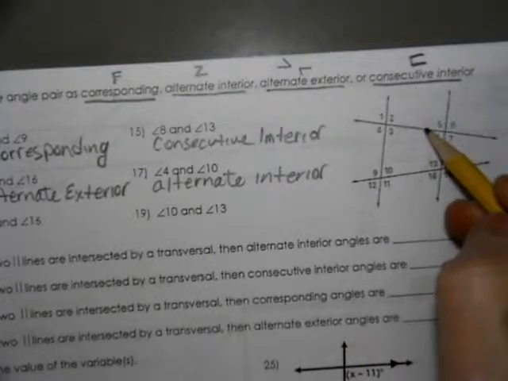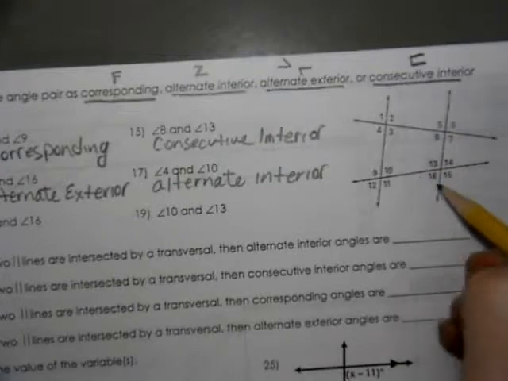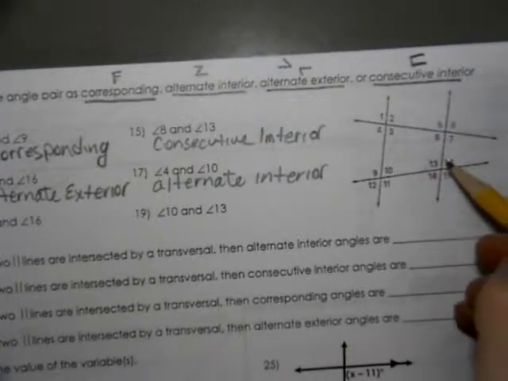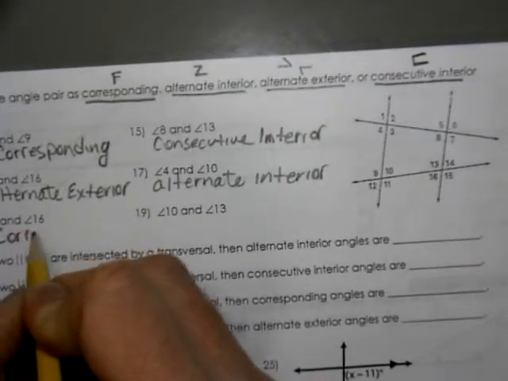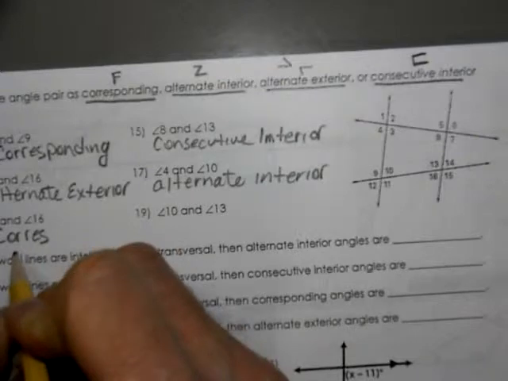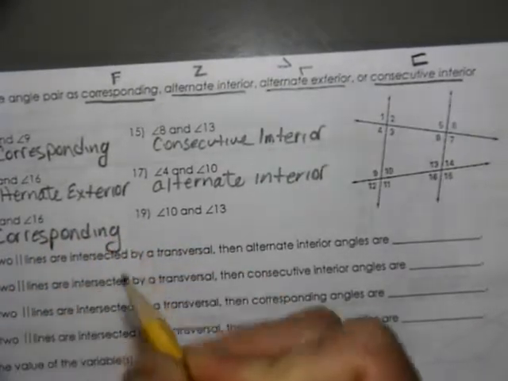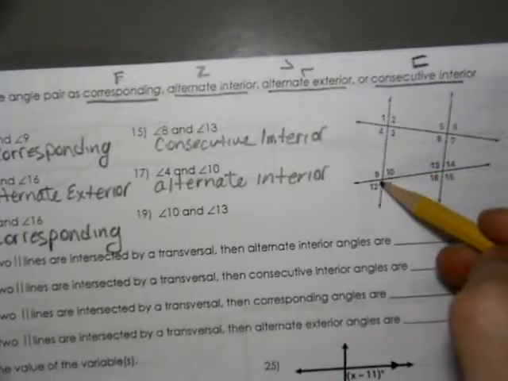8 and 16. 8 and 16 make this F shape. It's a bit backwards, but it's an F shape. So we'll call it corresponding. And we'll finish with 10 and 13.